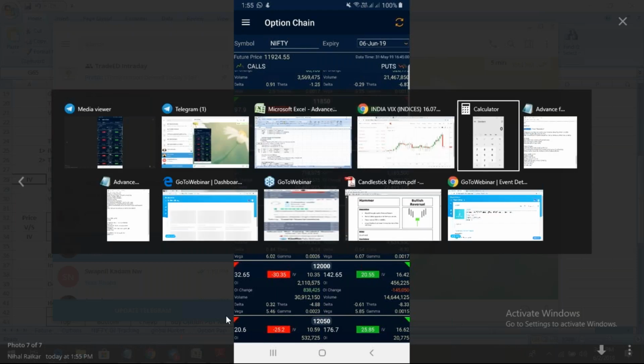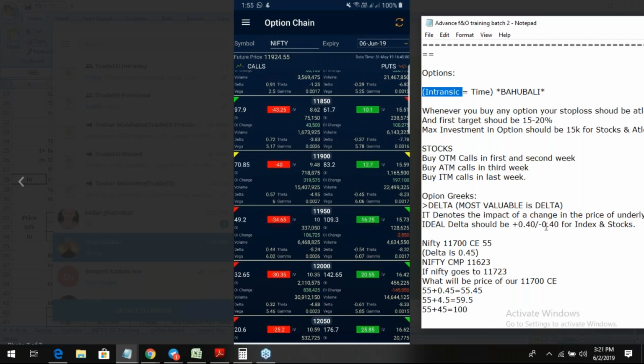Delta should be minimum 40 or minus 40. If you're buying any call or put, your delta should be at least 0.40, right? Understood, Sanjog?